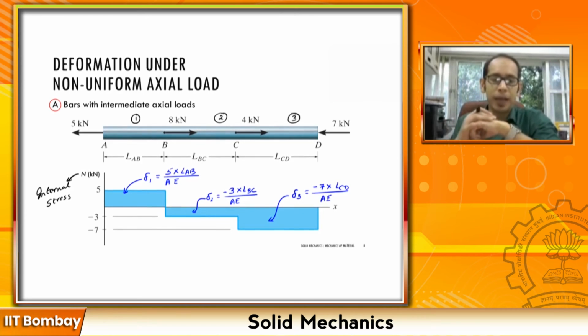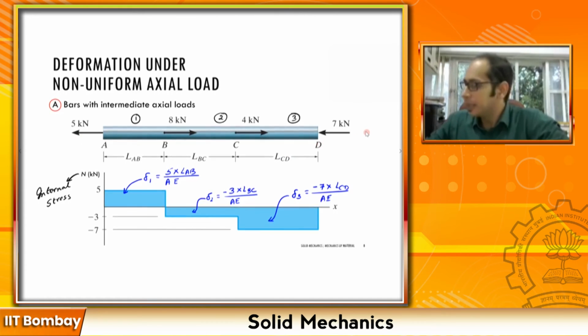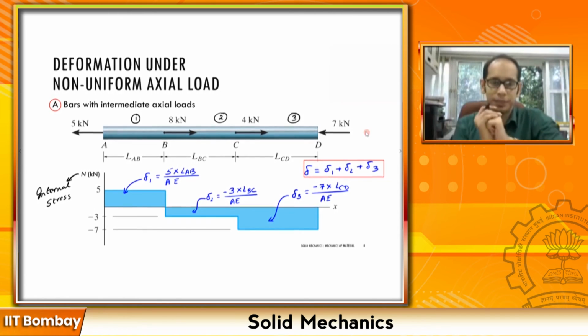What is going to be my total deformation of the entire bar from A to D? You are right. The overall delta is simply going to be equal to delta 1 plus delta 2 plus delta 3. Beautiful. So this is the total deformation that I have.